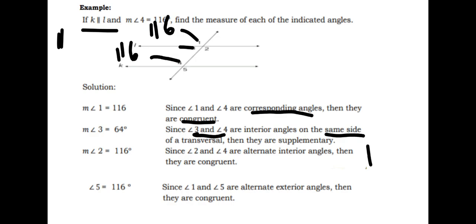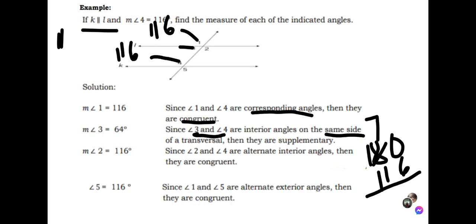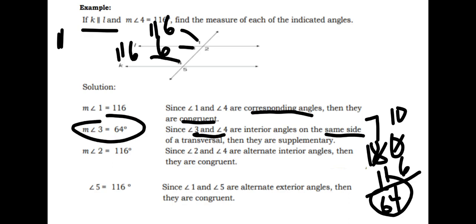So 180 minus 116 is 64. Therefore, angle 3 equals 64 degrees.